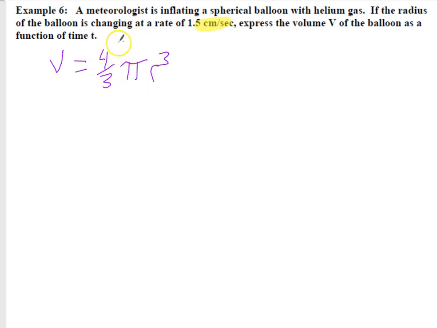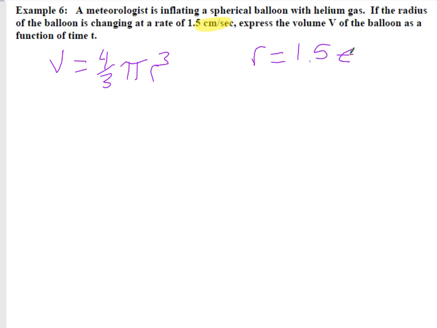And it tells us that the radius is increasing at a rate of 1.5 per second. So we would write that as the radius is growing at 1.5 t. So at the first second, it goes up by 1.5 for every t value you plug in.